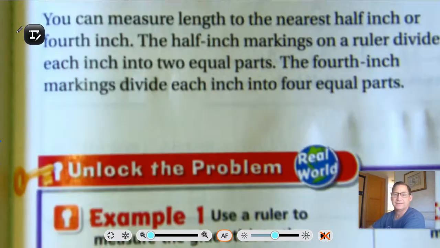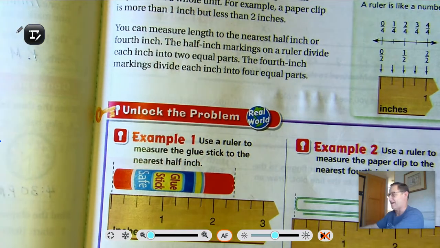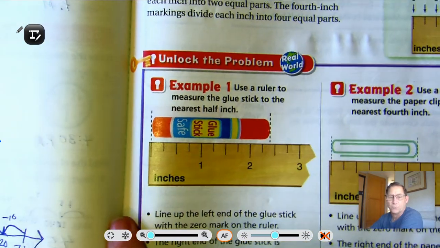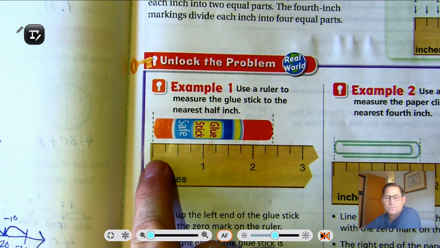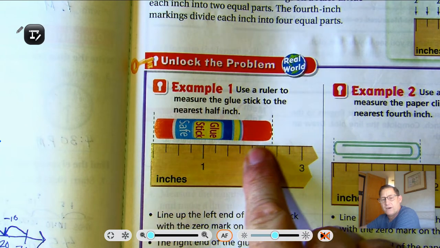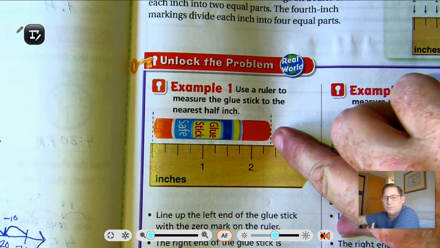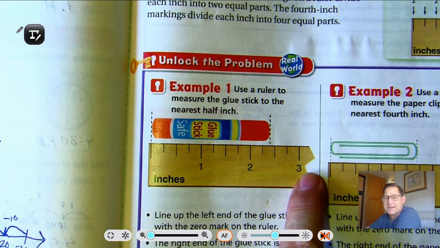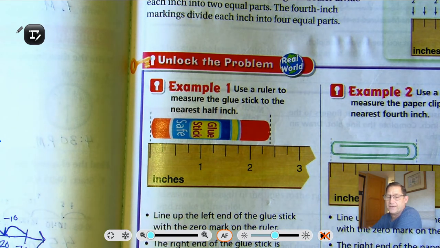Now, let's look at this example here. Use a ruler to measure the glue stick to the nearest half inch. They've lined up the ruler with it for us. We have to put one end of the glue stick at 0, and we're going to look at where the glue stick ends on the ruler. You notice that it's not exactly 2, but it hasn't reached 3. So we have some number between 2 and 3, right?